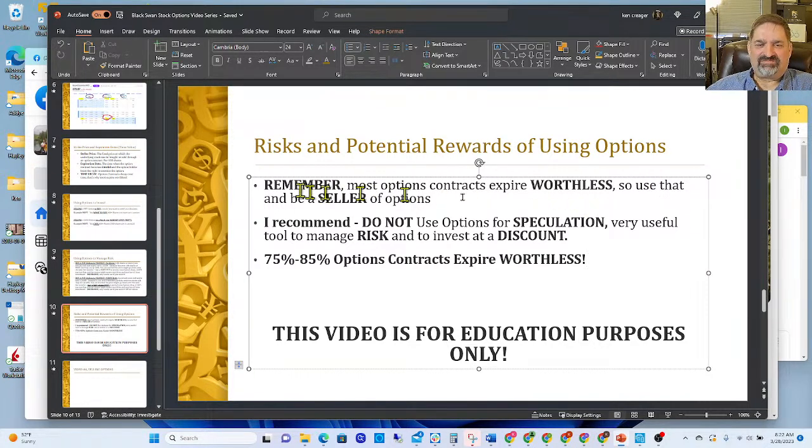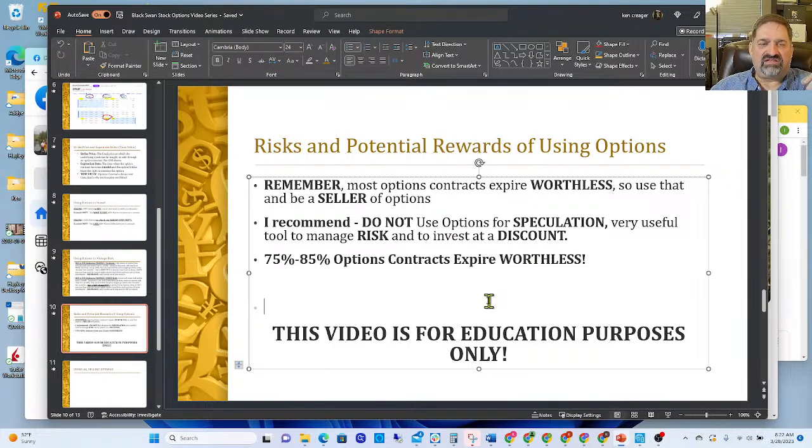I'm going to say this several times. Most options expire worthless. And so if you're a seller of the options, either you're selling puts to get into a stock that you want to get into anyway, or you sell covered calls on something that you already own and get some money, most options expire worthless.